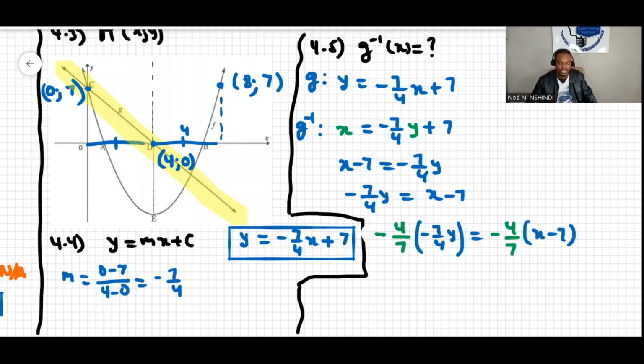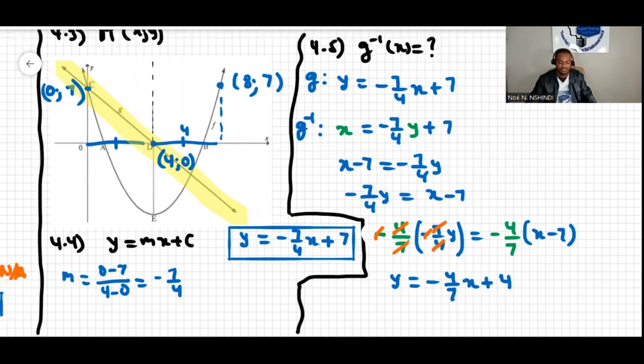Now, why did I choose that? Because I know the negatives cancel out, the 4 at the numerator cancels the 4 at the denominator, and the 7 at the denominator cancels with the 7 at the numerator, and I'm left with y equal to negative 4 over 7 x plus, because minus times minus makes plus, 4 over 7 times 7, which is just equal to 4, because the 7s cancel out.